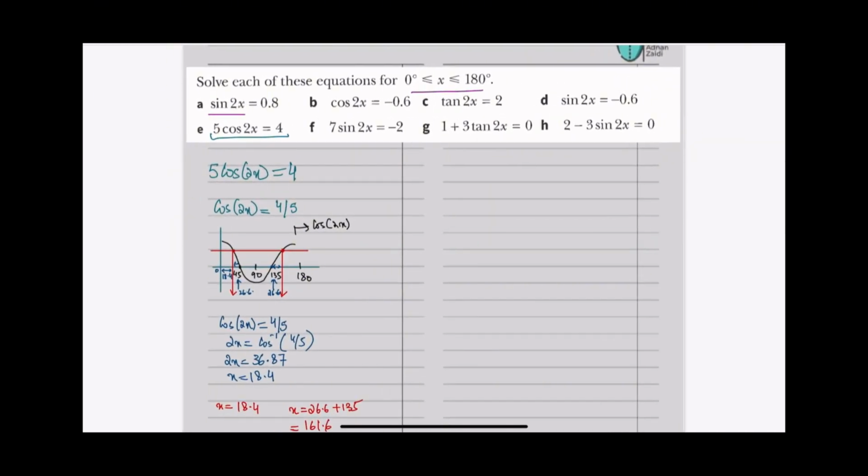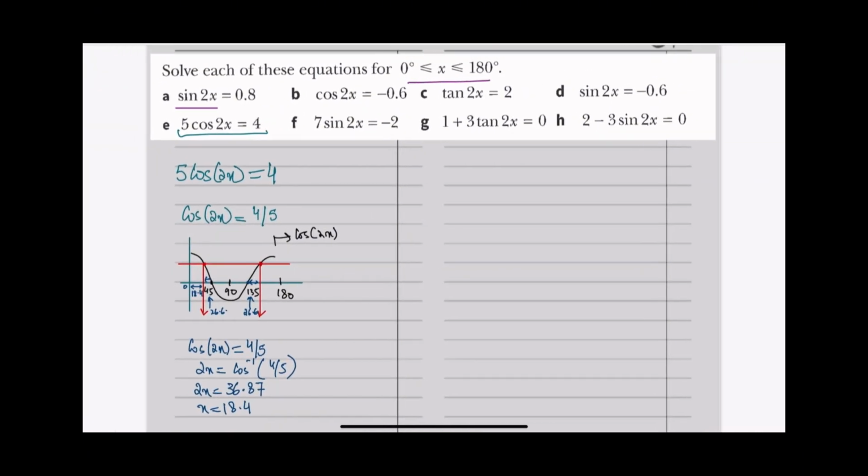Okay, so let's look at another question. Let's see if the same thing holds up till 360 degrees. For a moment, let's try to visualize that. And we have a question like this. 2 minus 3 sine of 2x equals 0, or 3 sine 2x equals 2, and sine of 2x equals 2 over 3.